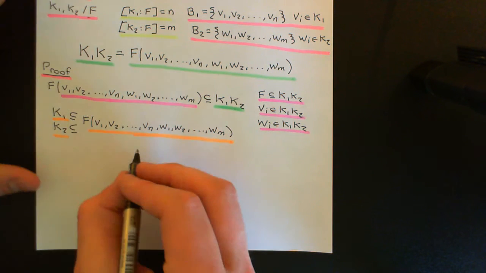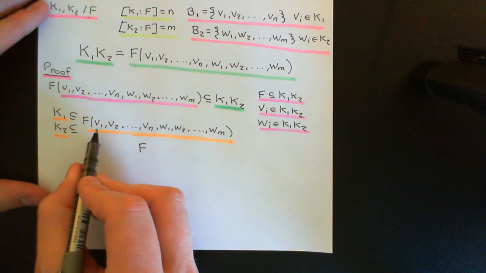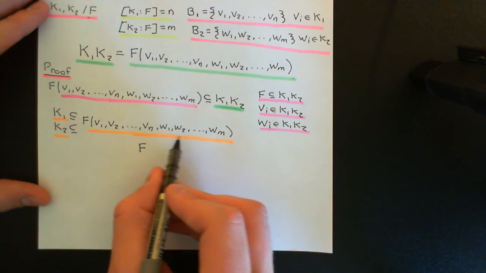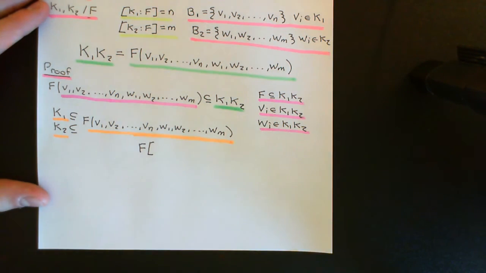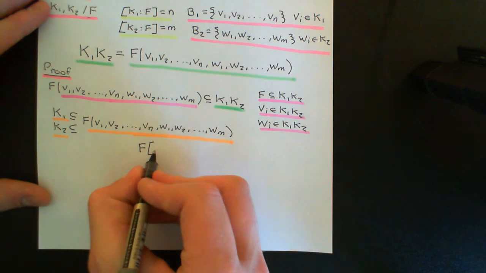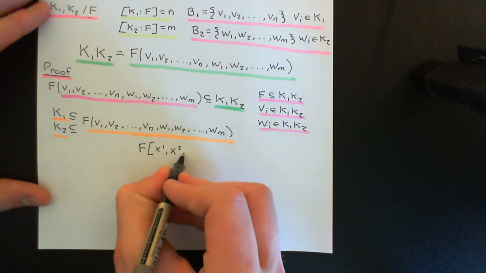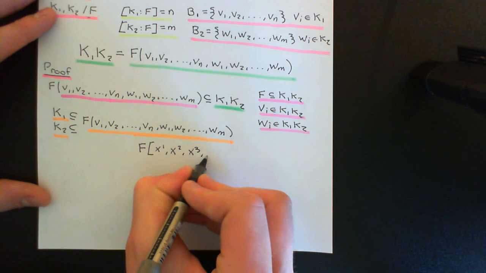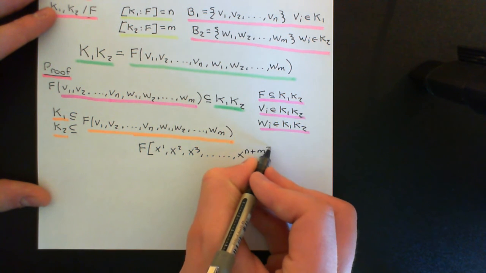Okay, what you have to do is look at the ring of polynomials in how many indeterminates are we going to need. We're going to need n for these and m for these, so we're going to need x_{n+m} as our highest indeterminate. So we'll have the ring of polynomials in indeterminates x1, x2, x3 all the way up to x_{n+m} here.